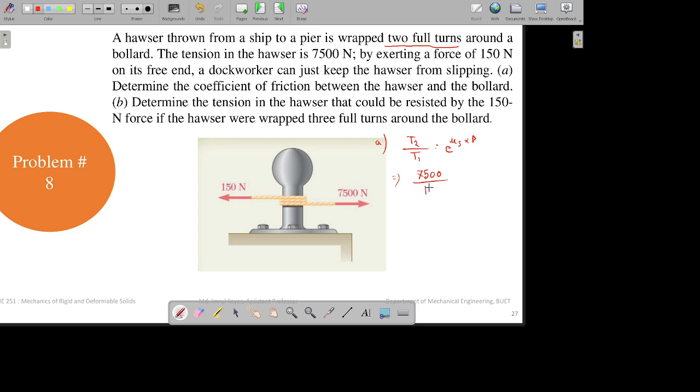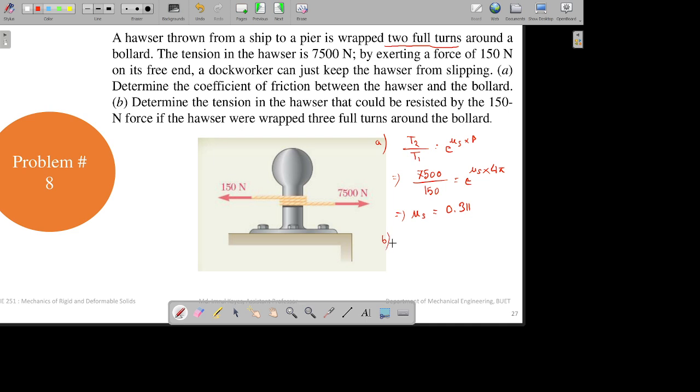T1 is the smaller tension, which is 150. That equals e to the power mu s. I don't know the static friction mu s, but I know beta. Two turns were made, so it is 2 into 2 pi, that means 4 pi overall. From that equation, you will get mu s, which is 0.311.